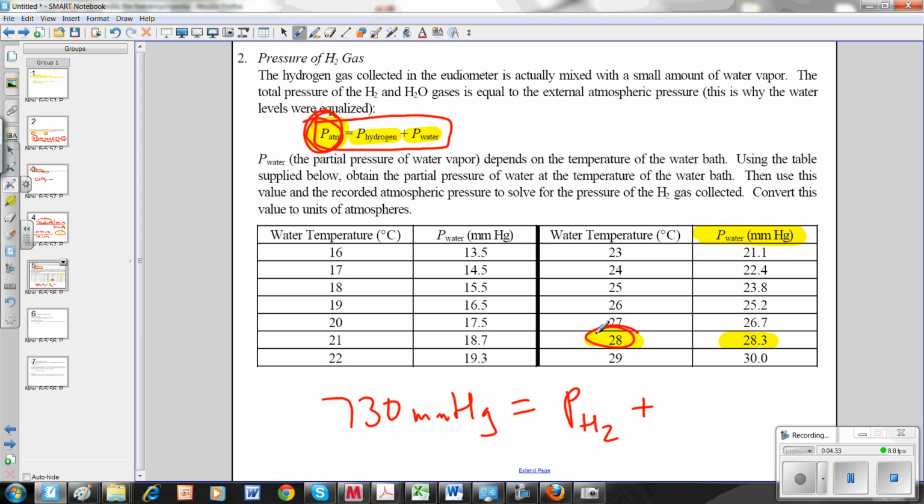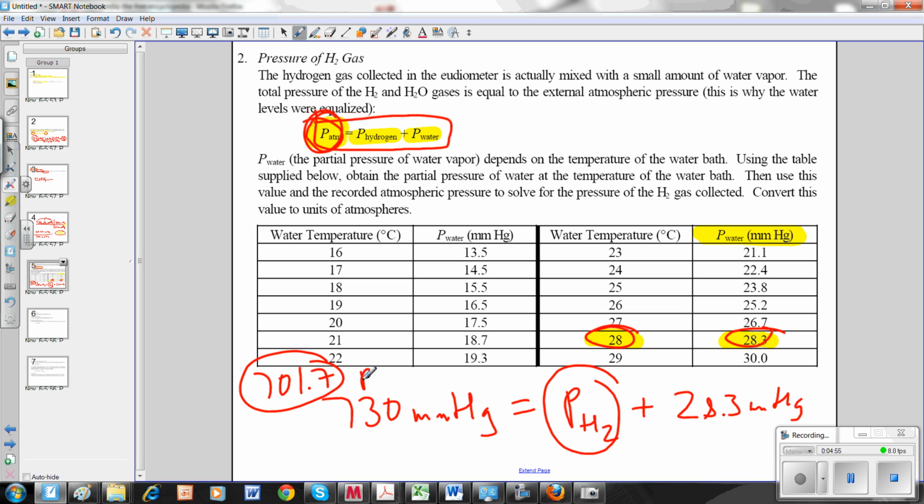If it was at 28 degrees Celsius, then the pressure from that would be 28.3 mmHg. So then all I would have to do is algebraically solve for H2 gas. So I'd take 730 minus 28.3, and I would end up with 701.7 would be my pressure in millimeters of mercury of my H2 gas. And that's what you have to do, because we want to isolate just the hydrogen gas.